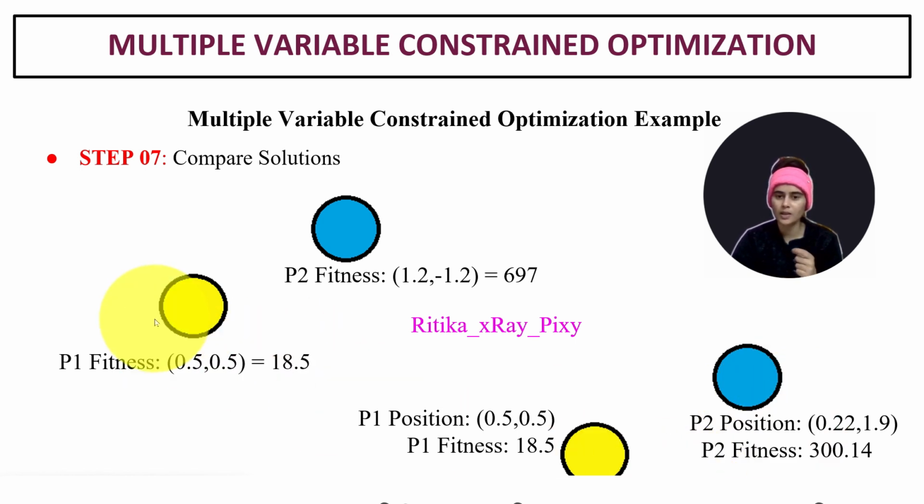For the first particle you can see it is the same, there is no change. For the second particle you can see the position is updated. Now when we are updating the particle's personal best, we will consider the best.